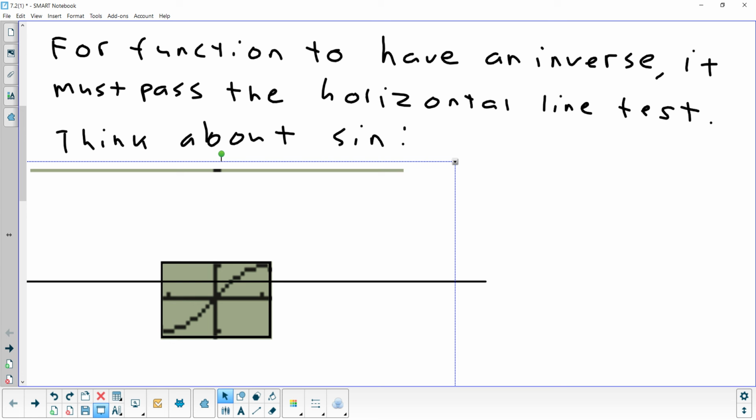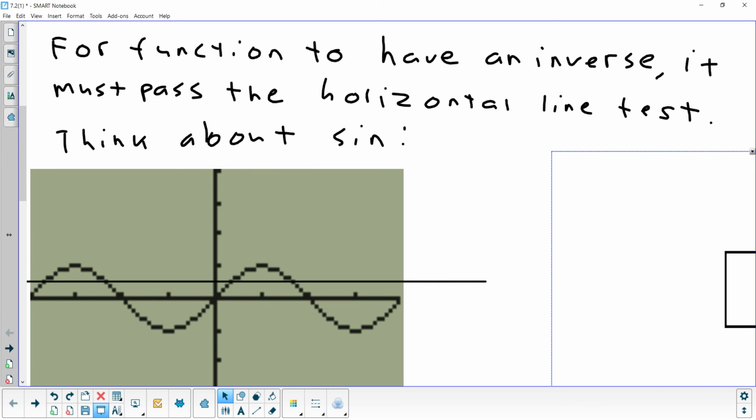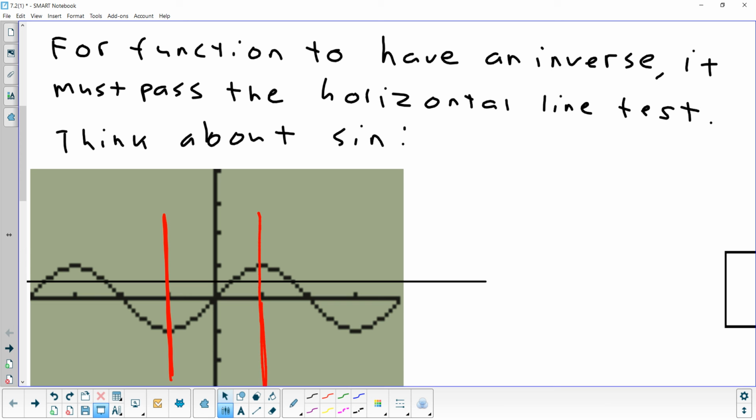Now we have to describe, well, what is that section? Let's see if we can figure out what it is. I think it was from here to here. It was this box right in here. So what we want to figure out is what's the left and what's the right edge of that box.